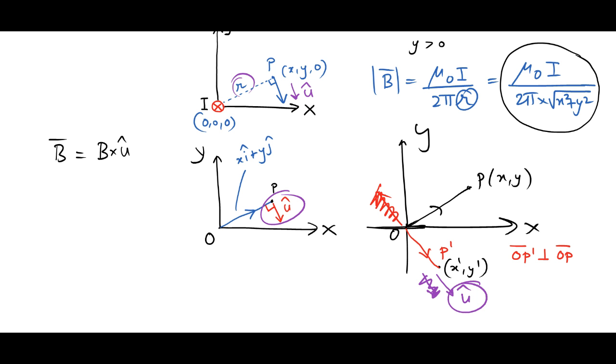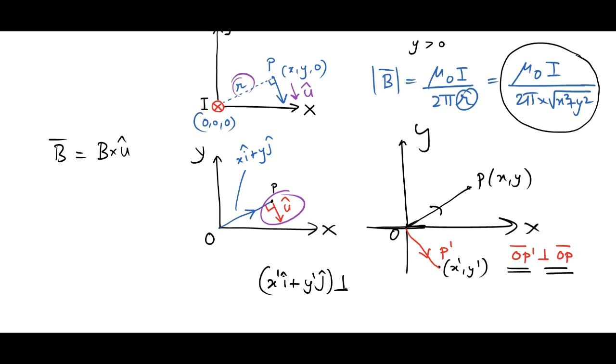So the whole question is, am I able to find some x dash and y dash which will satisfy the condition that this vector must be perpendicular to this vector? Now let's see. The vector OP dash is nothing but x dash i cap plus y dash j cap, and this vector must be perpendicular to OP bar, which is x i cap plus y j cap.